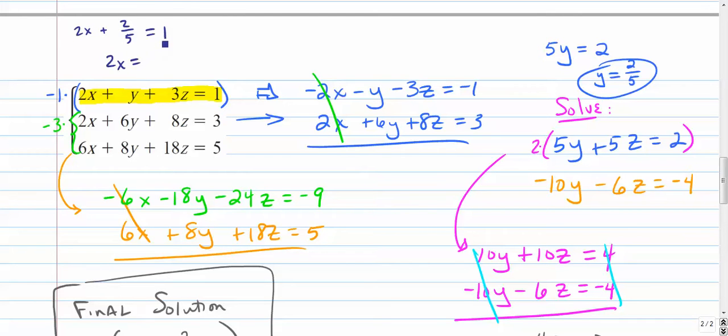2x equals, let's see, 1 minus 0.4. Well, that's just 0.6, 3/5. Alright, so now we have 2x equals 3/5. We want to divide by 2. So x equals 3/5 divided by 2.